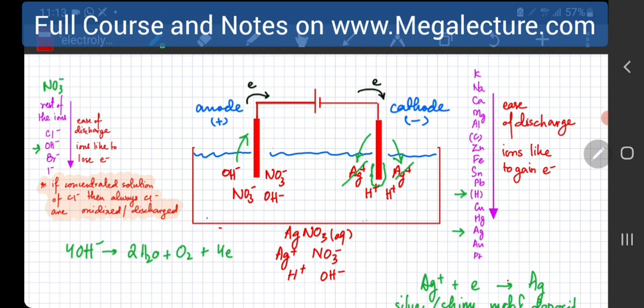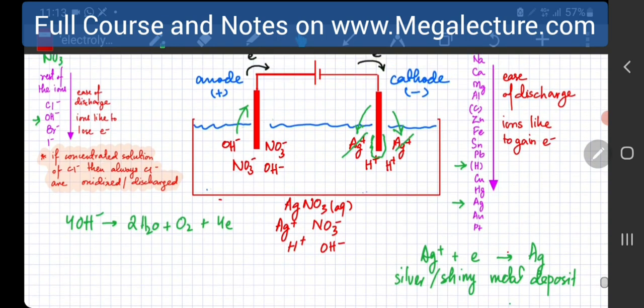That's going to be your equation, and what you're going to notice over here is bubbles of O2 gas, or effervescence. So you'll start noticing bubbles getting produced at your anode. So at cathode, this is happening. At anode, this is happening. The OH ions are losing electrons.